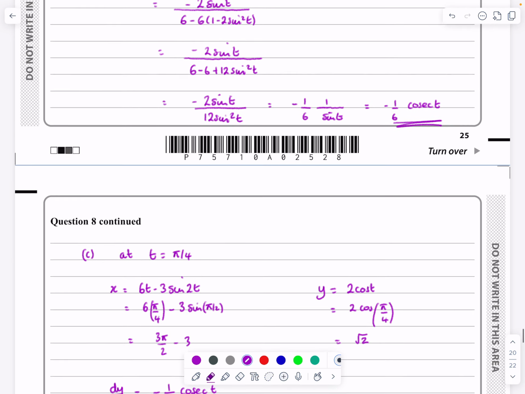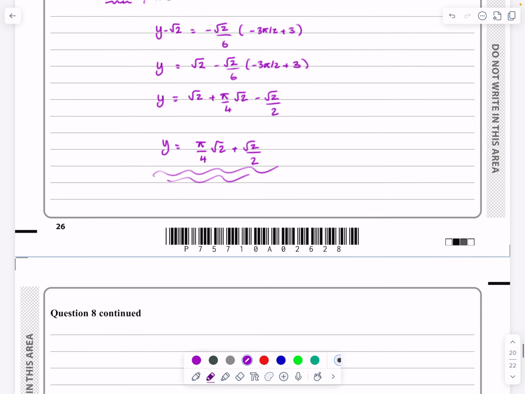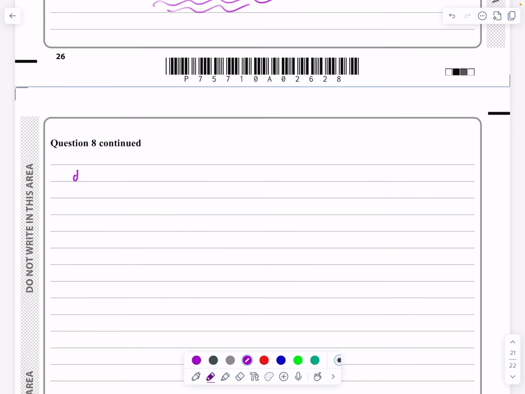So for part D, if I want to find the volume of revolution, that's equal to the integral of pi y squared dx.